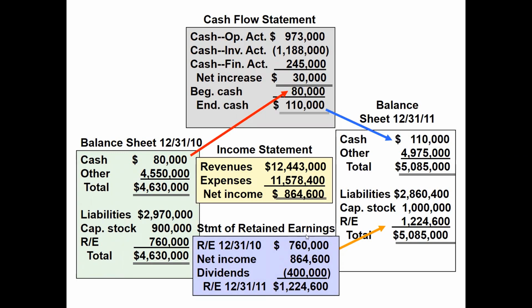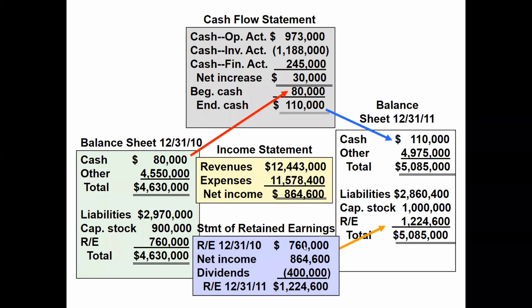Now, let's analyze the statement of retained earnings again. You see retained earnings, 31st December 2010, they had 760,000. This 760,000 in 2010, when you go to the balance sheet of 2010, which is the one at the left hand, you see retained earnings of 760,000.